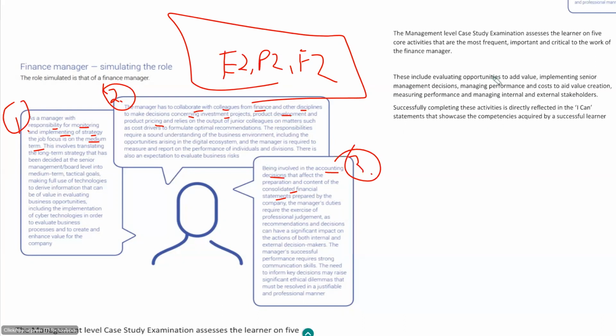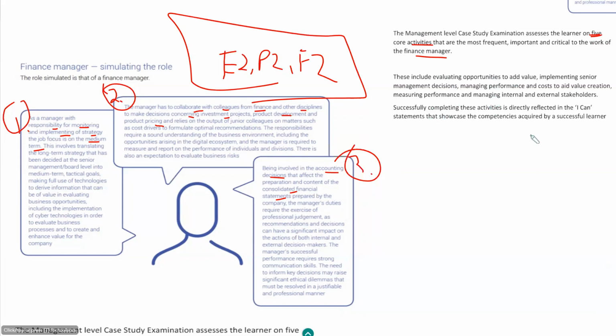Now the management case study exam, a little bit more on the blueprints now. The management case study exam assesses the learner on 5 core activities that are most frequent, important, and critical to the work of a finance manager. So there are 5 key core areas which have been given to you, 5 key blueprints as we will call them. And each core area has multiple sub-core areas which you're supposed to focus on.